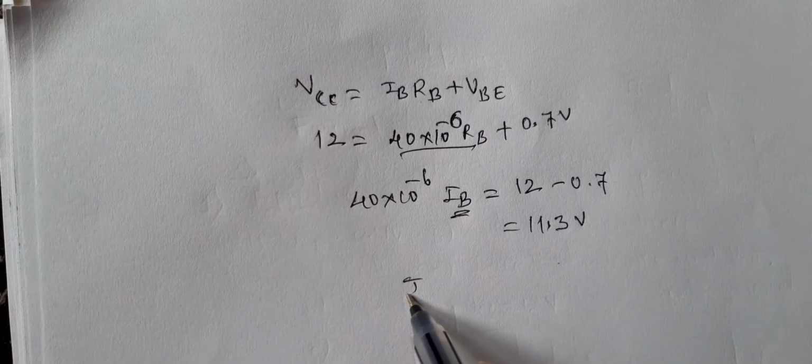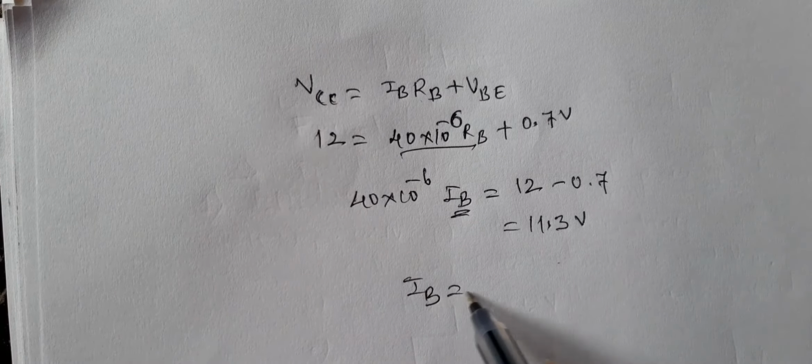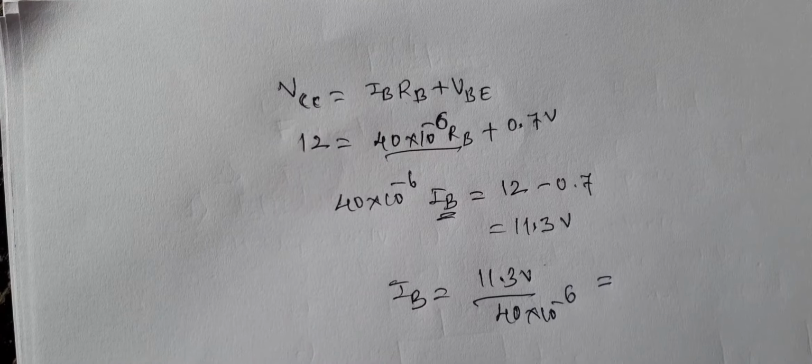Therefore, RB is equal to 11.3 volts divided by 40 into 10 power minus 6. Use the calculator: 11.3 divided by 40 equals 0.2825.